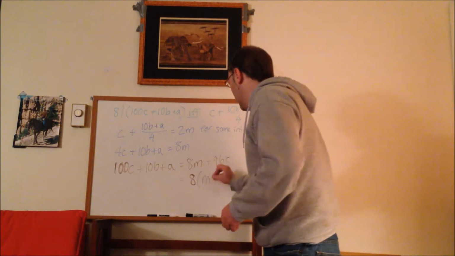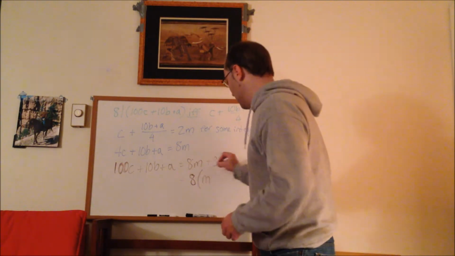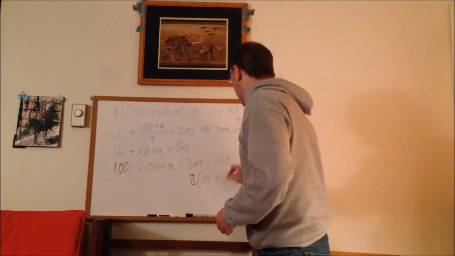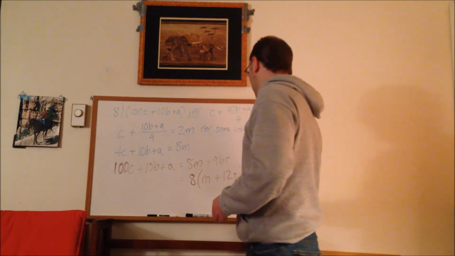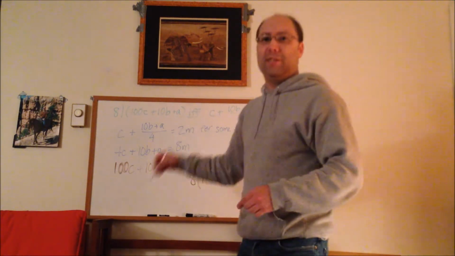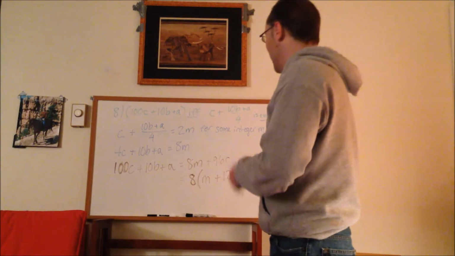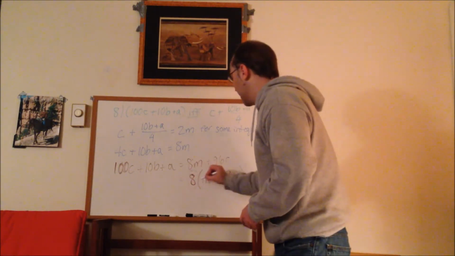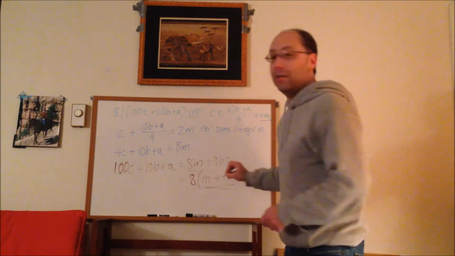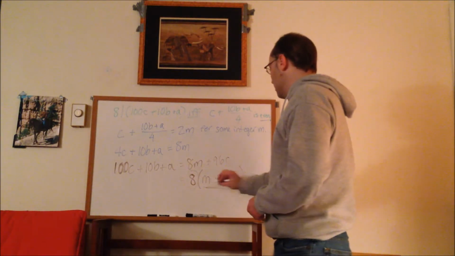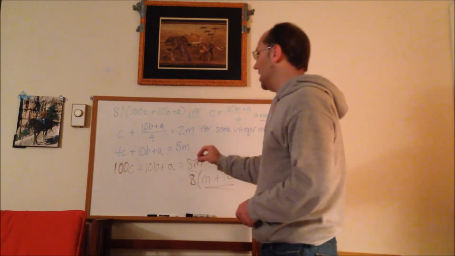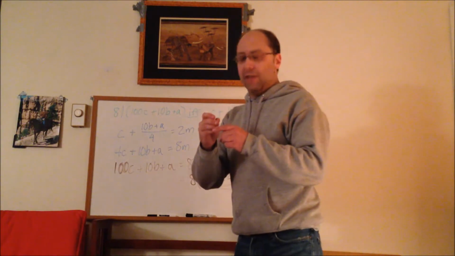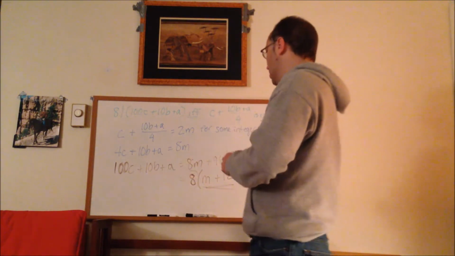That's going to be 8 and then quantity M plus 12C. MC, like MC Hammer. So anyway, the fact is you can factor out an 8, and also that this is an integer. So because this is an integer times 8, you have divisibility by 8. So that is why these work.